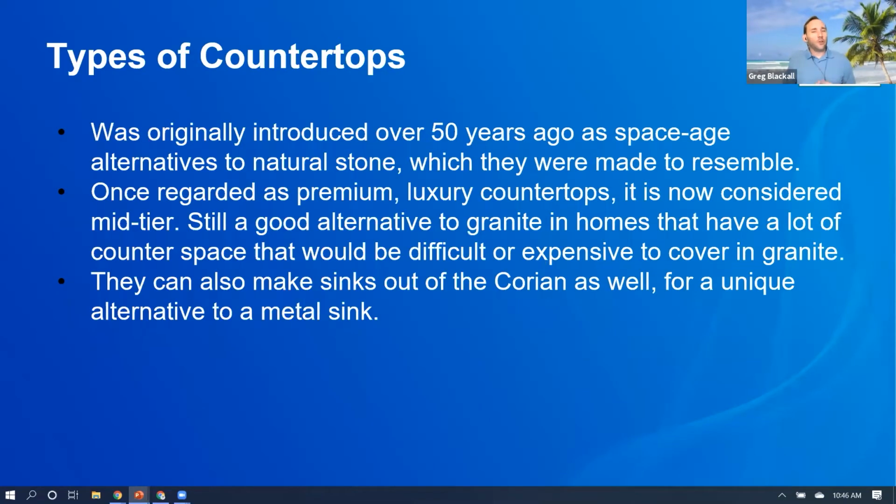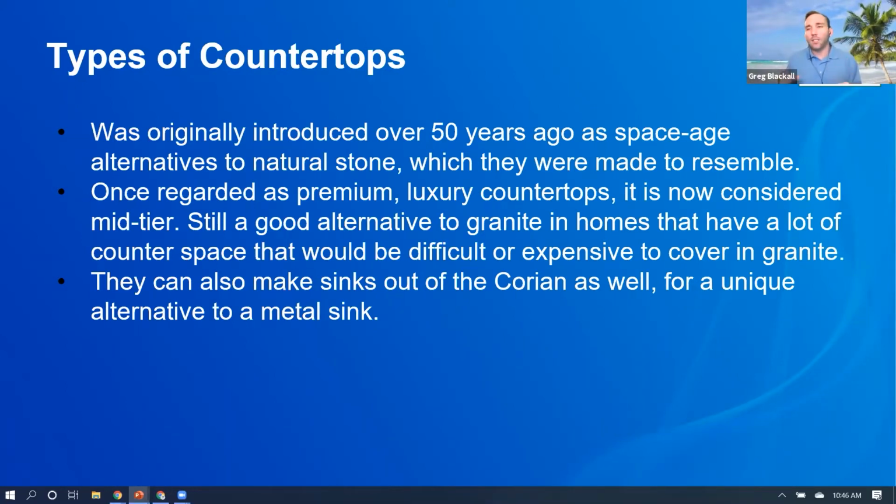It was originally introduced about 50 years ago as a space age alternative to natural stone, which they were made to resemble, okay? So at the time in the 1960s to early 70s, Corian and some of these others were like, holy cow, this is futuristic, space age kind of material.